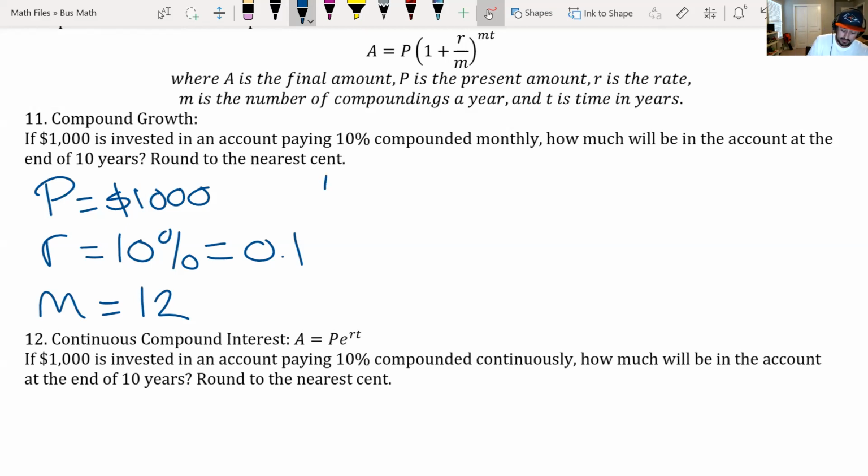So this says time is 10 years. 10 years, 12 months. So this means that your $1,000 is getting investments paid every single month for 10 years.